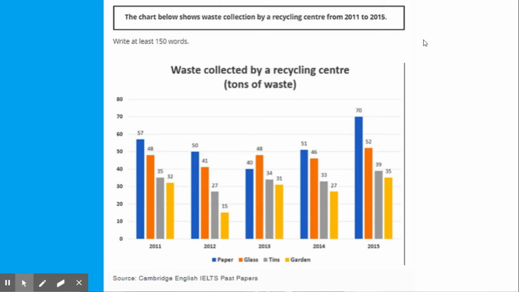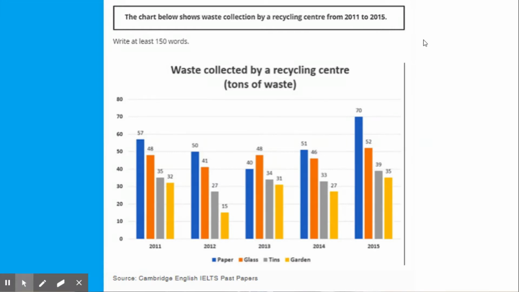So you show the audience or the examiner the percentage of something, the amount of something, instead of the progress, okay? But in this chart, is it static or dynamic? Yes, it's dynamic, because it's from 2011 to 2015, so it's dynamic.